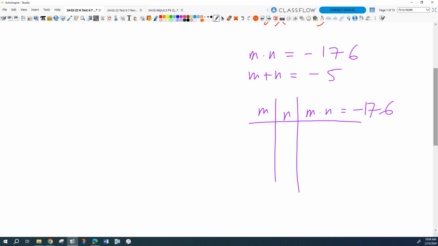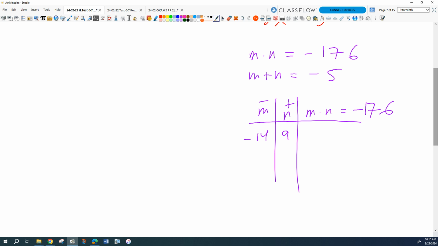So we need the signs of the two numbers that multiply to this negative. Good. The bigger one's negative, the smaller one's positive, because they multiply to a negative. Are we going to scrutinize pairs of numbers that multiply to negative 176 or pairs of numbers that add to negative 5? Add to negative 5. Good. So we could start off with something like negative 14 and 9, and it's way too small.